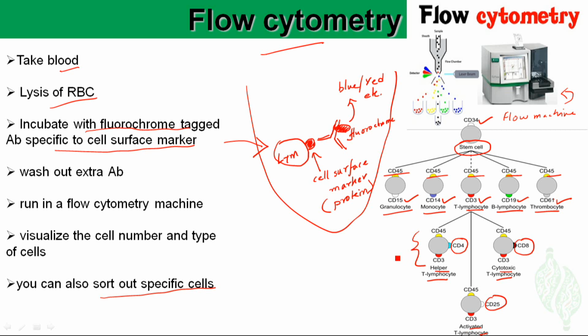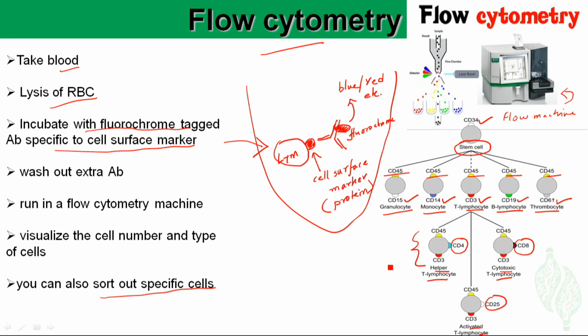So in this way, flow cytometry is a very good technique for immunological purposes that can solve the problem of how you can visualize the cell and how you can sort or pull out a specific type of cell from the total leukocytes in the blood.